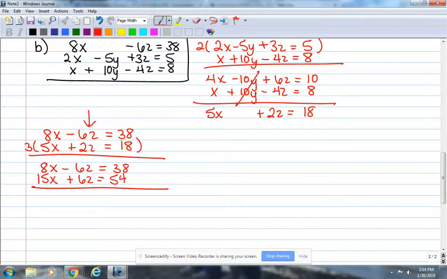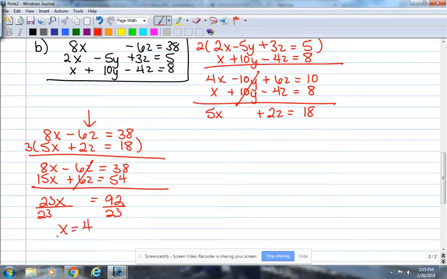So now my z's do cancel out. I'm going to add my x's. 8x plus 15x is 23x. My z's are gone. 38 plus 54 equals 92. I'm going to divide both sides by 23. And x equals what? 4.